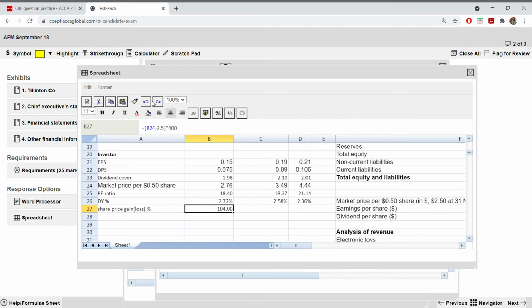Something is missing here. Right, we are almost done, because if this is wrong, your total shareholder return as a percentage will be wrong. Okay, 10.4. We'll see why it's 10.4.